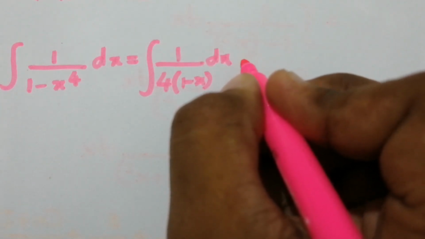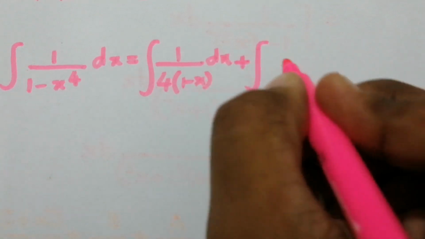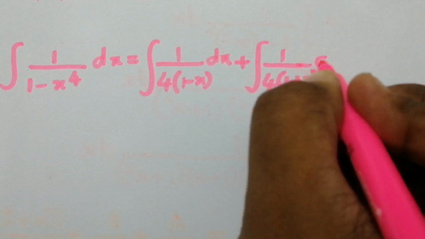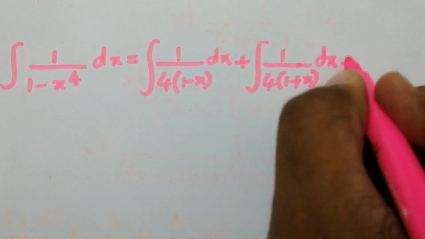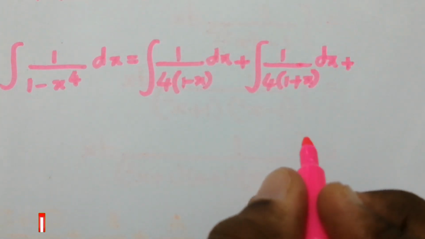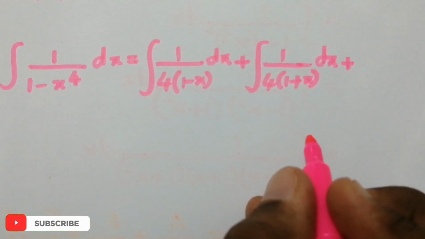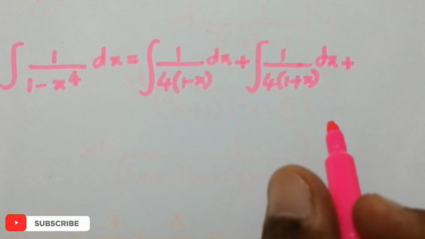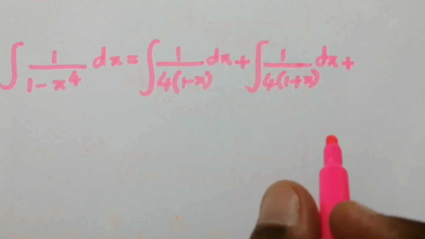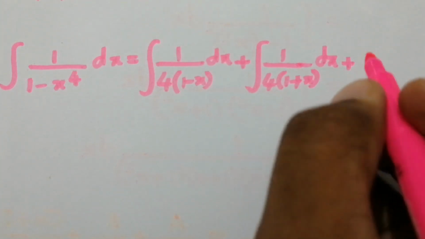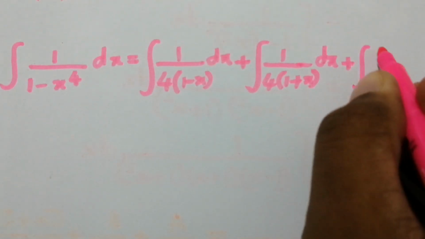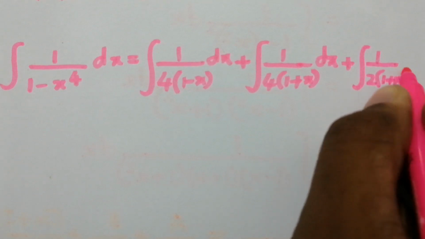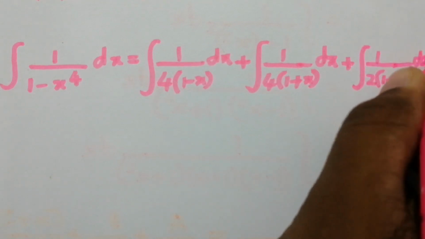We have found that b also equals 1 upon 4. Then I can write integral 1 upon 4 times 1 plus x dx plus, we have found that c is equal to 0 and d is equal to half. Then it is in the form cx plus d. Then there are no x terms, there is only a constant, it is half. Then I can write integral 1 upon 2 times 1 plus x squared dx.